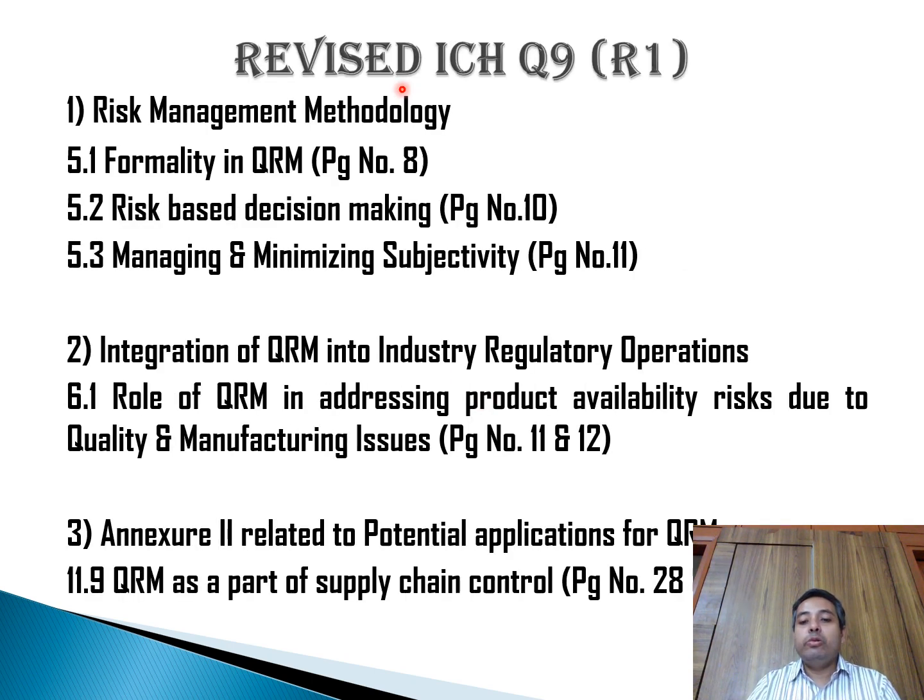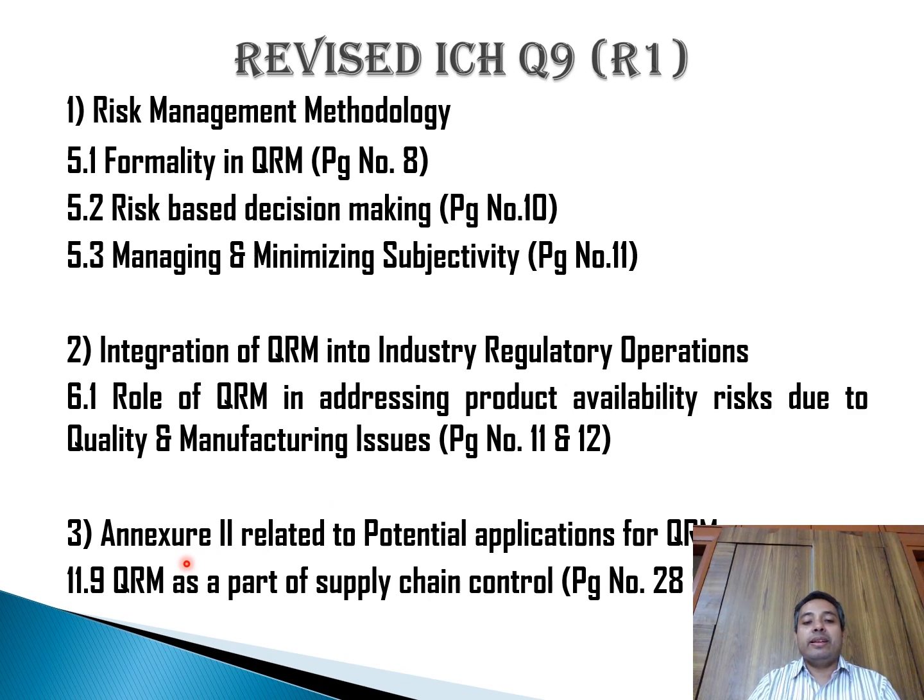The available guideline of ICH Q9 related to quality risk management was revised in January 2023. A summary of changes is described here. In the topic related to risk management methodology, points like formality in QRM, risk-based decision making, and managing and minimizing subjectivity were introduced in the revised version of ICH Q9. In the topic related to integration of QRM into industry and regulatory operations, the role of QRM in addressing product availability risks due to quality and manufacturing issues is described in the revised version.